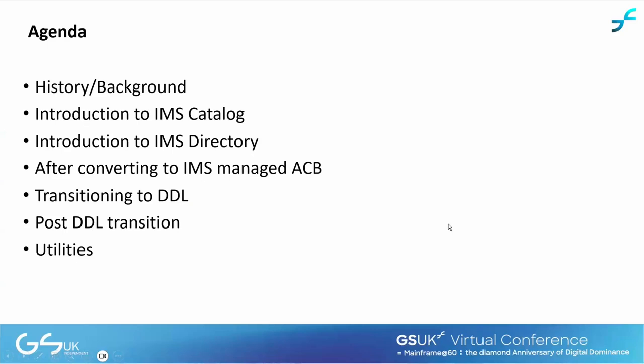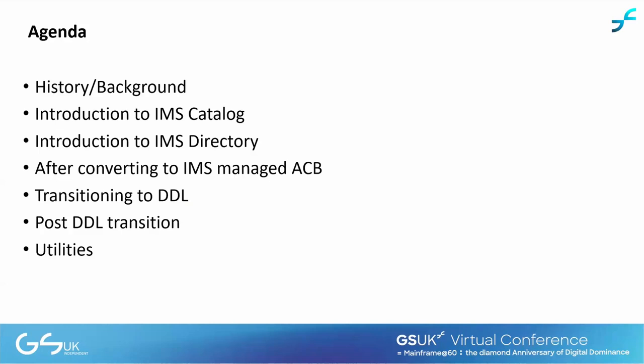Okay. So this is going to be the agenda for today's session. I know that today's session is 45 minutes only, but we'll try to start off with the history and background, and then we'll progress further. So we'll talk about the introduction to IMS catalog. We'll talk about the introduction to IMS directory, how life will look once you are converted to IMS managed ACBs, and why we are doing IMS managed ACB, right? To eventually get the advantage of DDL.